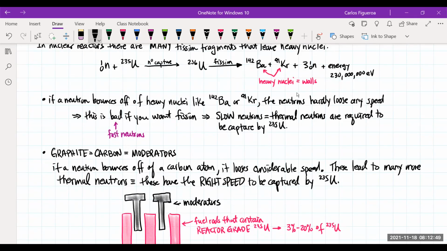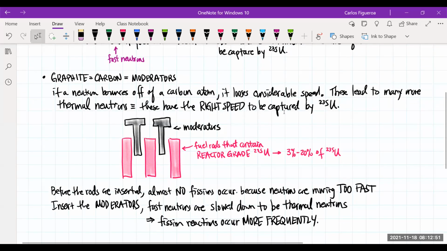So then all of a sudden you get this energy release that then just starts coming out. This is then the energy released from fissions.